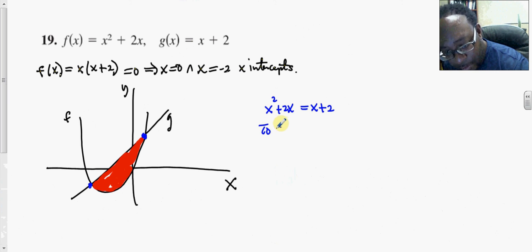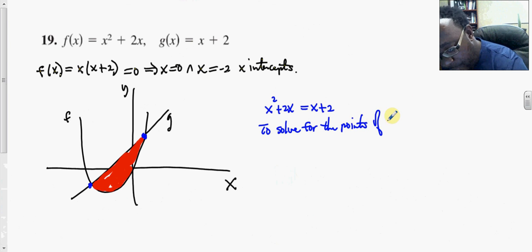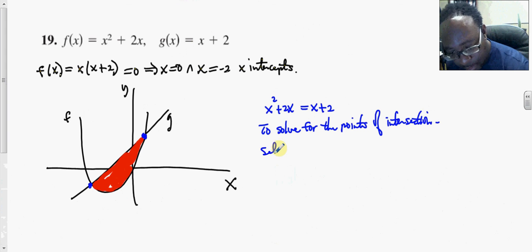So here, to solve for the points of intersection, we set the equations equal.